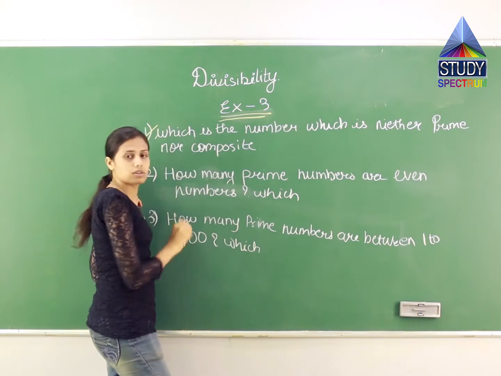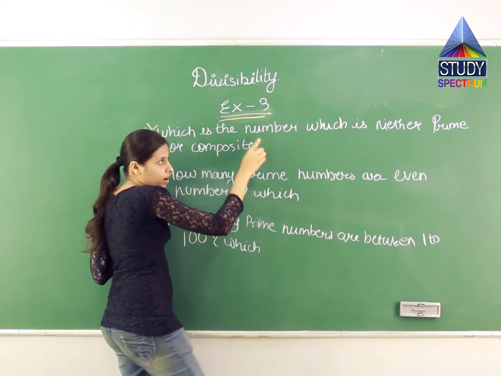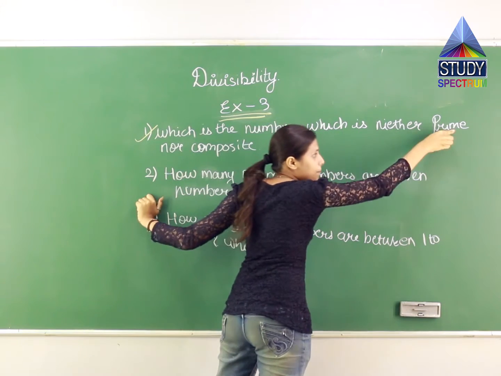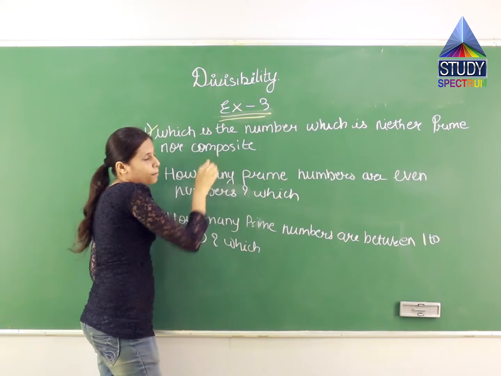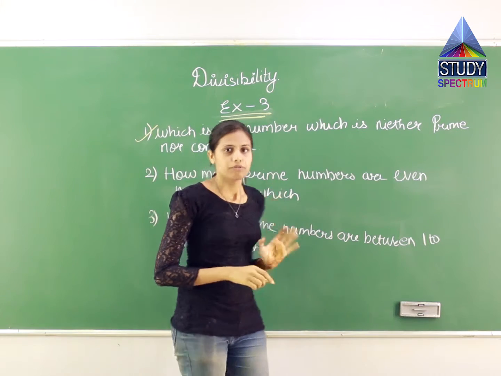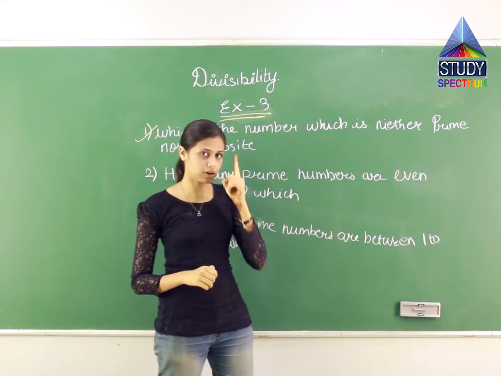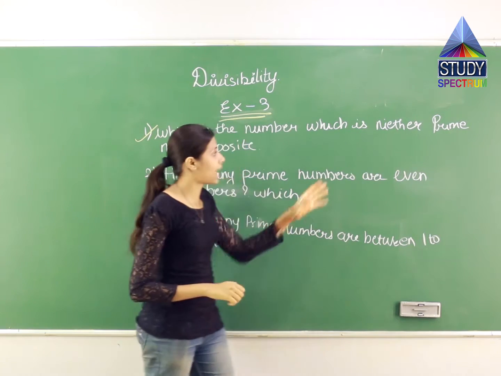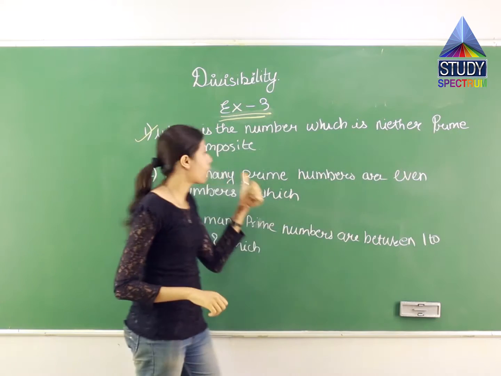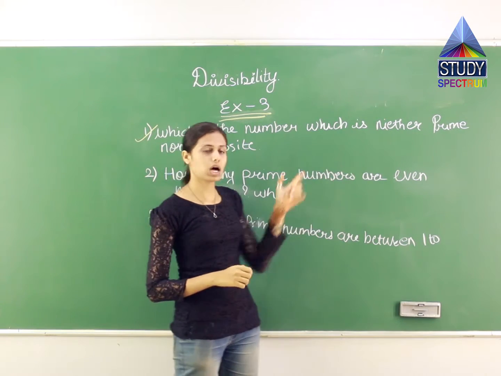The first question: which is the number which is neither prime nor composite? We don't know, right? But listen, the first natural number is neither prime nor composite. So the answer is what?